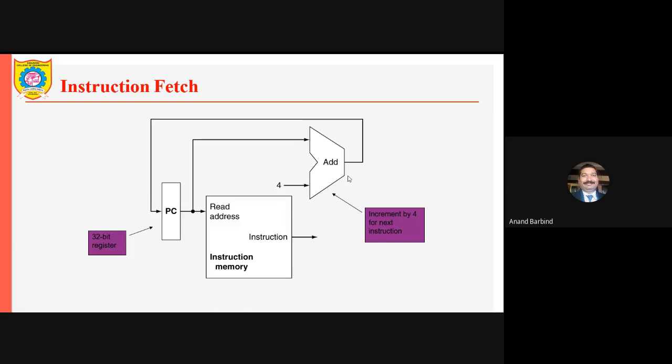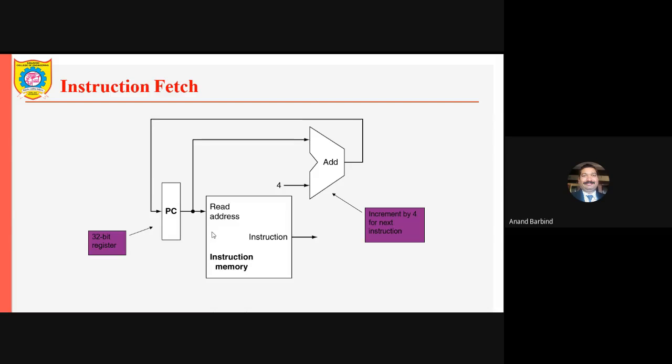But after that particular instruction is decoded and executed, then what is to be done? The current contents of the PC, which is the address of the current instruction, are added with 4, and that address added with 4 is again stored back into the PC, so that now the PC will point to the next instruction.